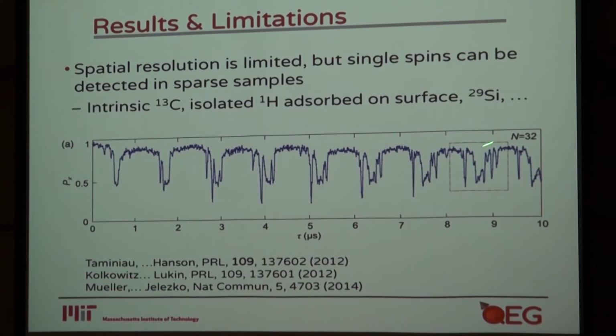So you really see signals which come from, in this case, I think there were 8 different spins, which were just carbon-13 in the diamond lattice, so they're very sparse, it's 1% abundance only. And so you're really able to distinguish the fact that you had individual spins. And from this type of experiment, you can also extract the position of these nuclear spins themselves.